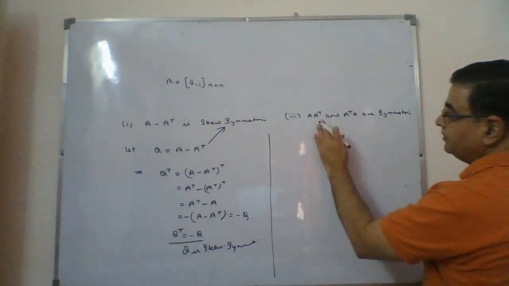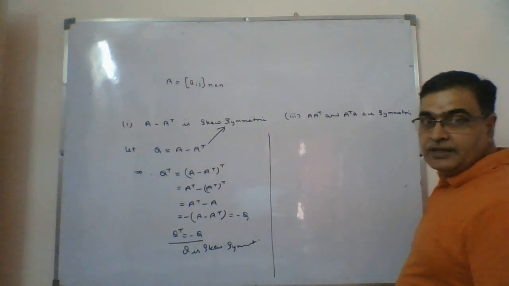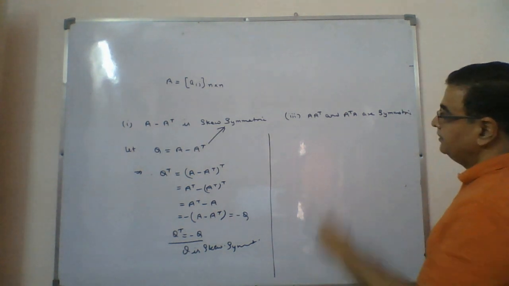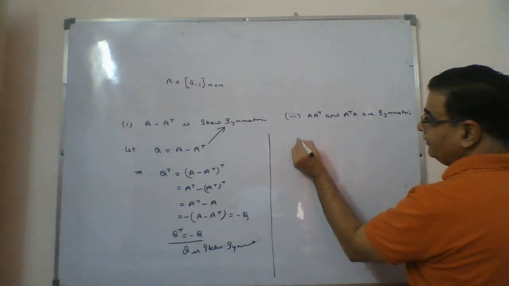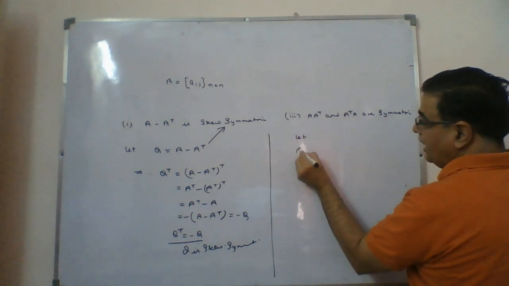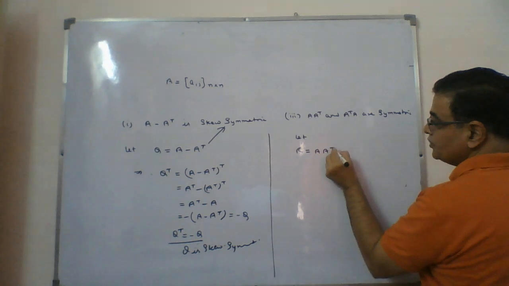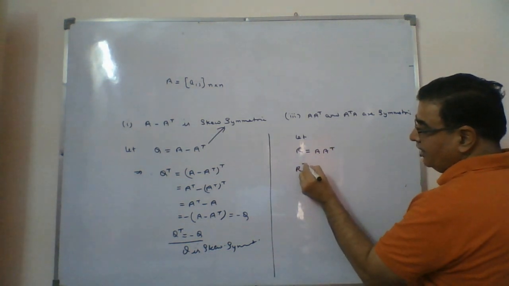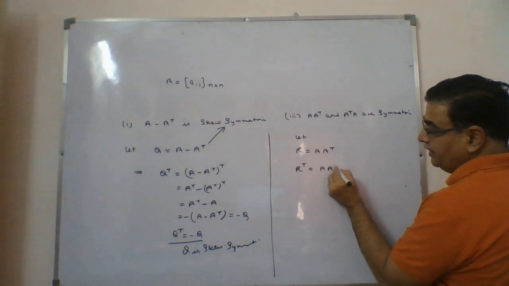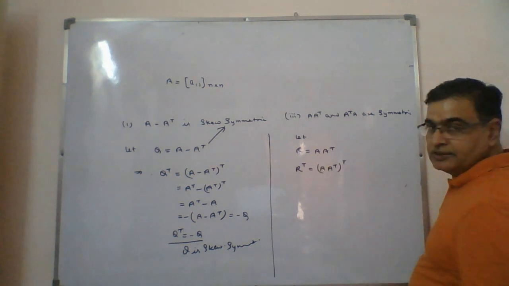Second part: A into A transpose is symmetric, and A transpose into A is also symmetric. So again we'll take, let R is equal to A into A transpose. Then I take R transpose, then it will come A into A transpose whole transpose.